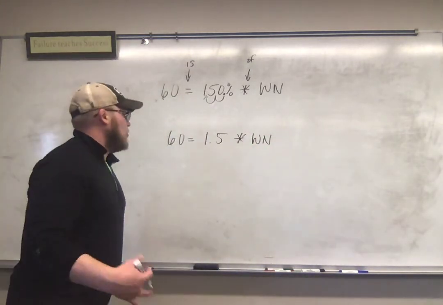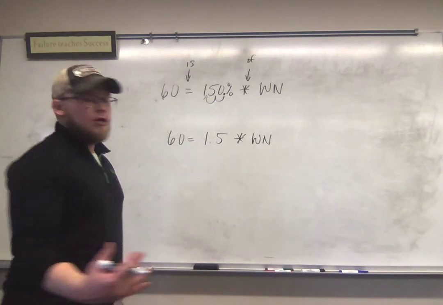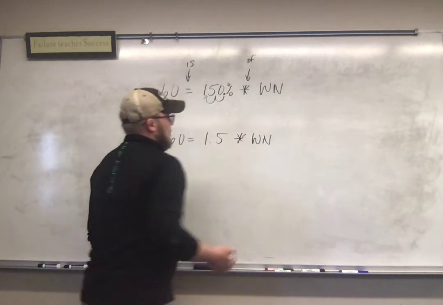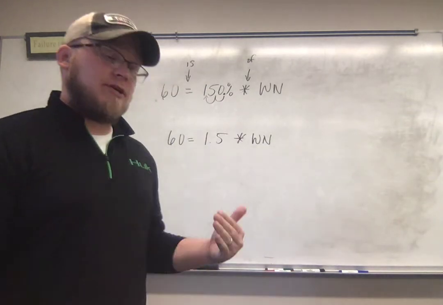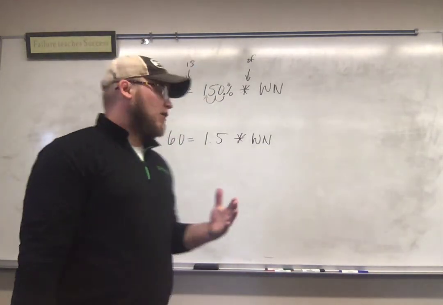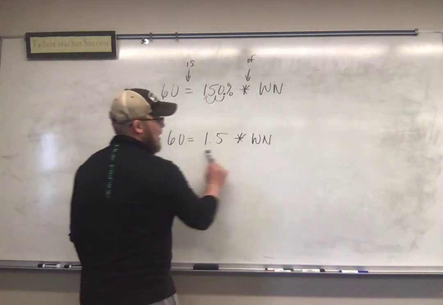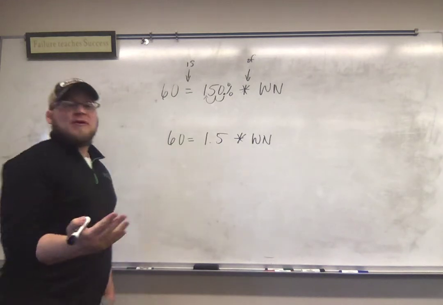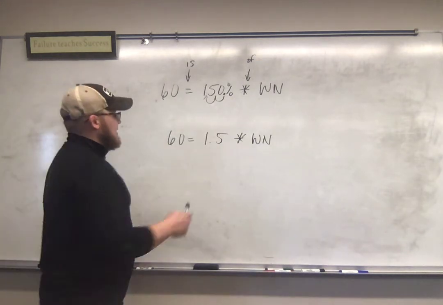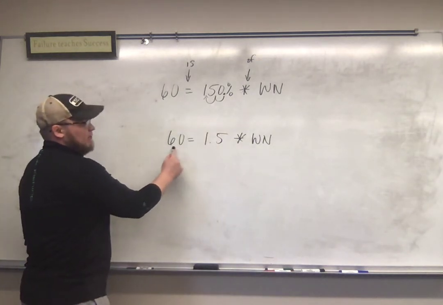Okay, so now what do we got to do? How do we solve this? You do the opposite of what it says. You start with the number that's by itself. In our previous 2 examples, the number that was by itself was always to the right of the equals. This time they just flipped the problem around on us. Now the number that's by itself, 60, is on the left side.